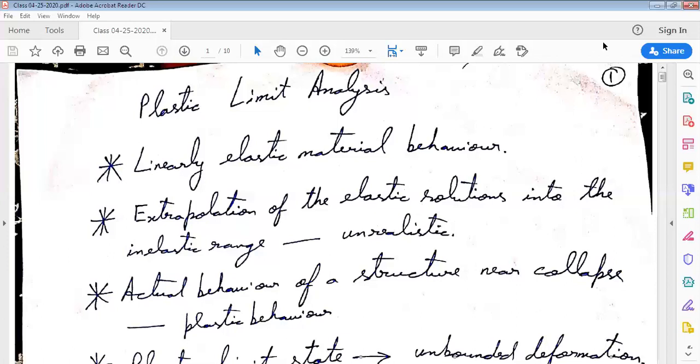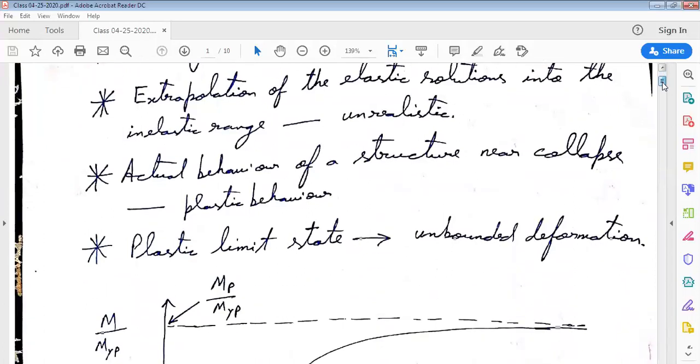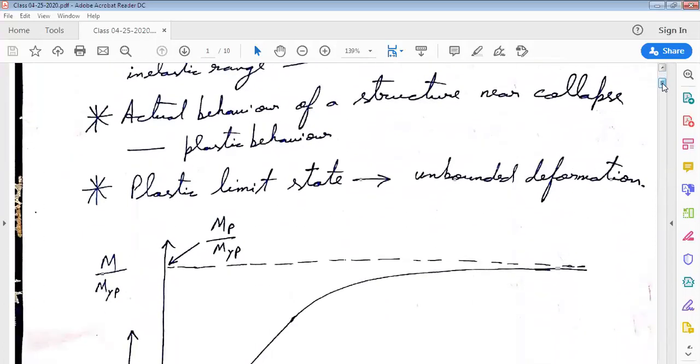So, in the plastic limit state, the deformations are very large. And we are interested to find out what is the ultimate load corresponding to that particular situation.